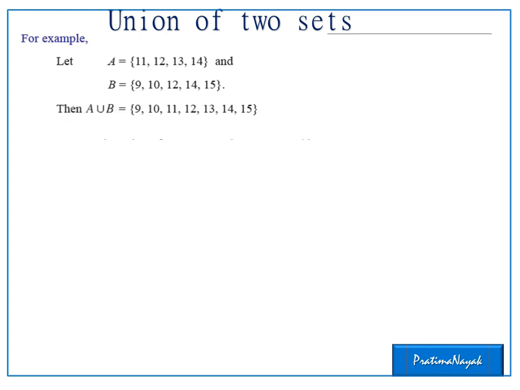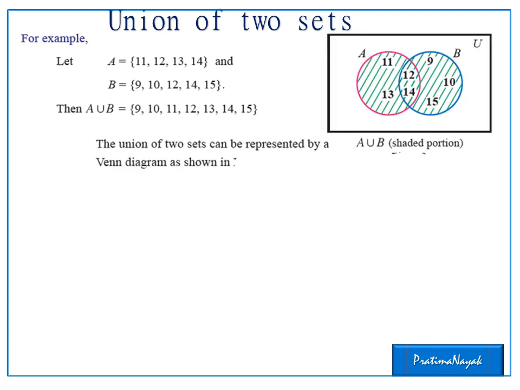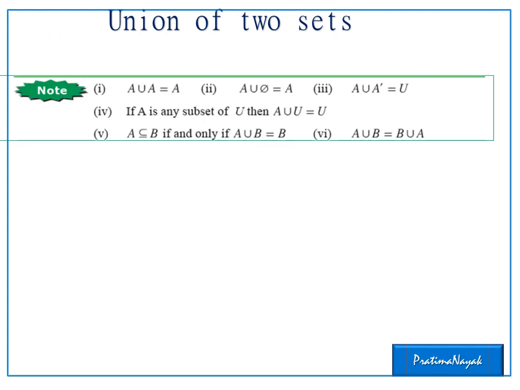So A union B will contain 9, 10, 11, 12, 13, 14, 15. So the diagram represent the union. You must have seen that the common elements are within the boundary and union will be shaded the whole A and B.